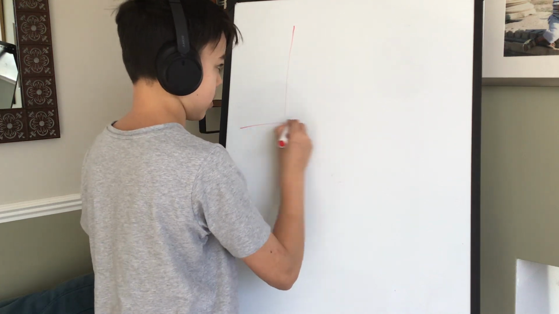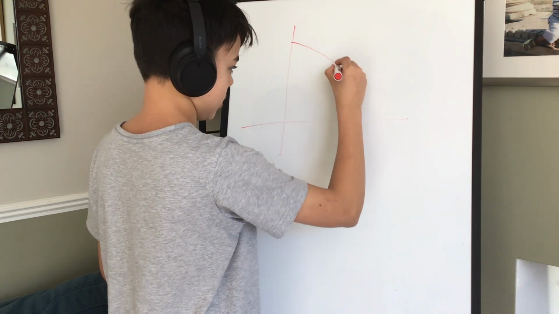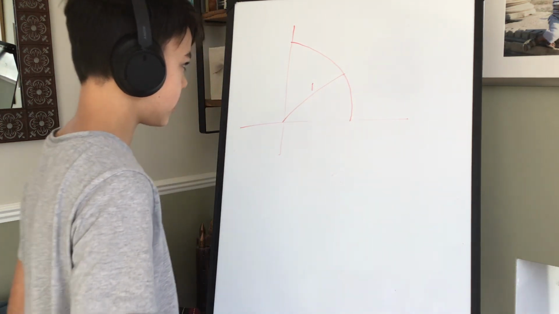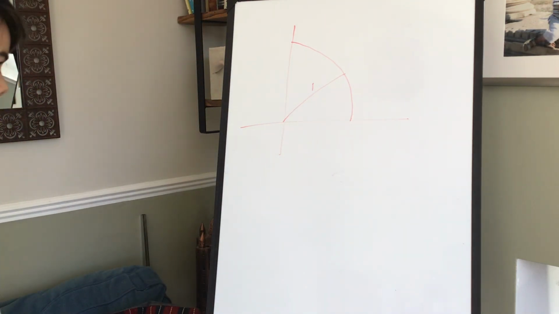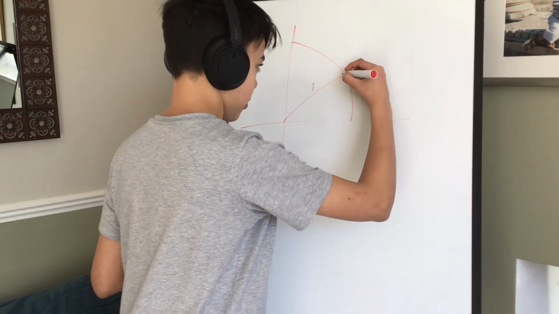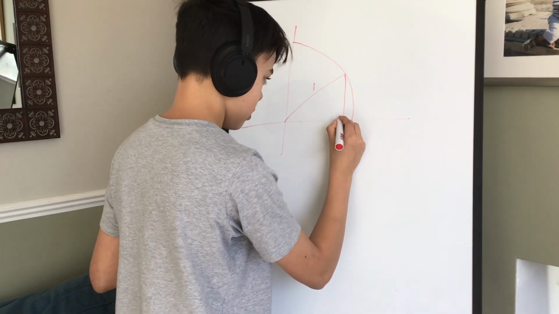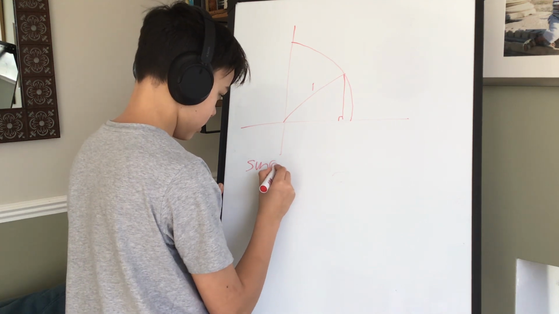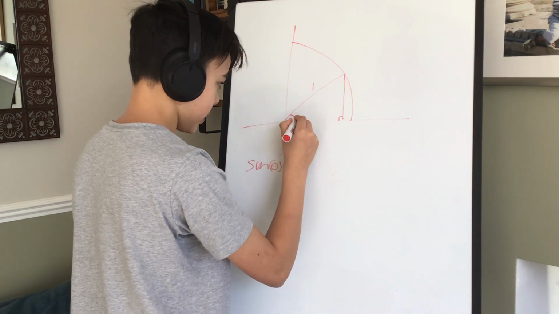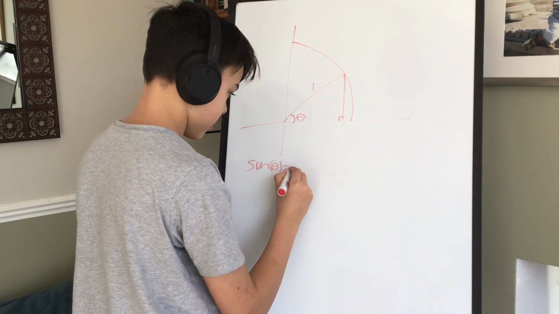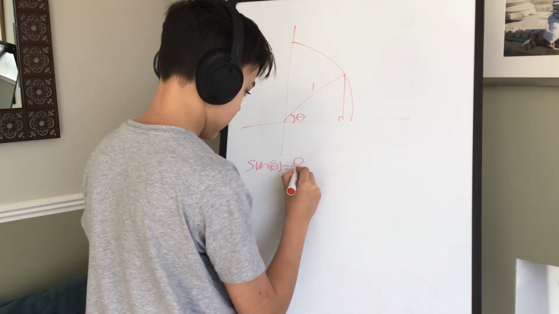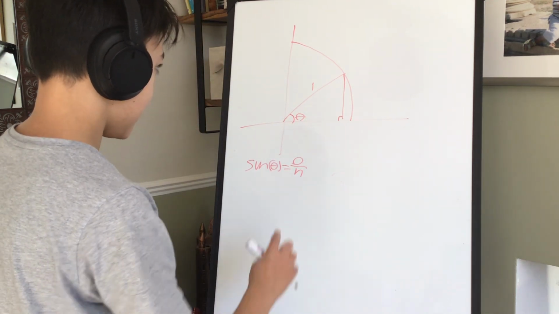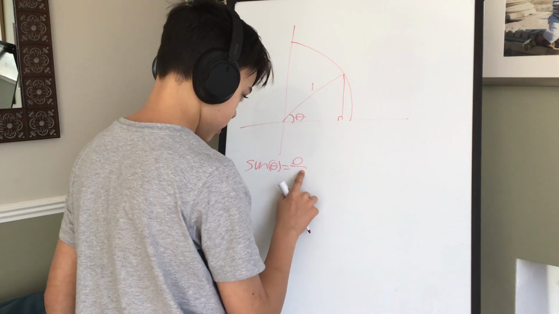Let's just start by drawing the unit circle. So that's the circle with radius 1, right? Now, our sine was the opposite over the hypotenuse, right? So sine of theta, the angle theta, equals opposite over hypotenuse. Now in this case the hypotenuse is 1, right?